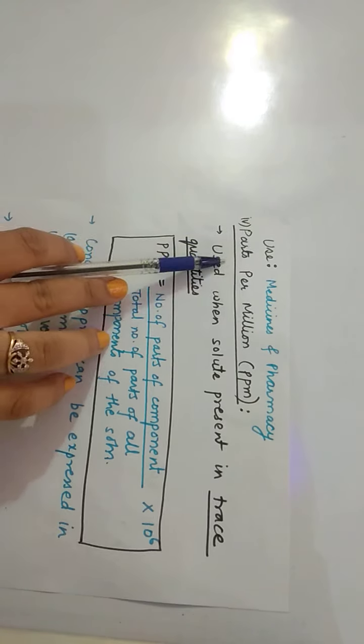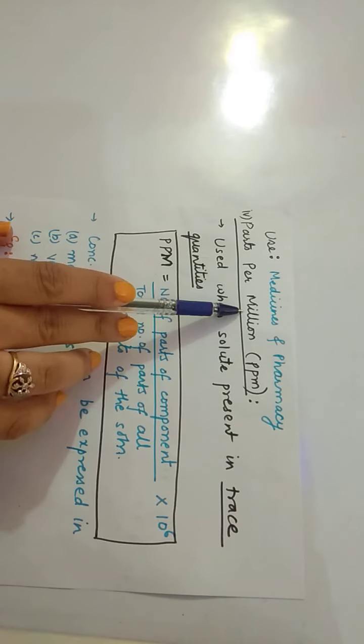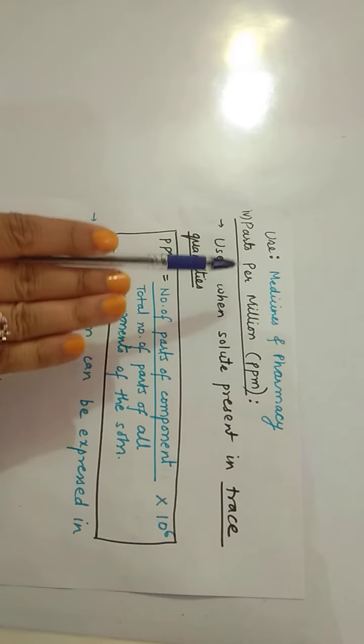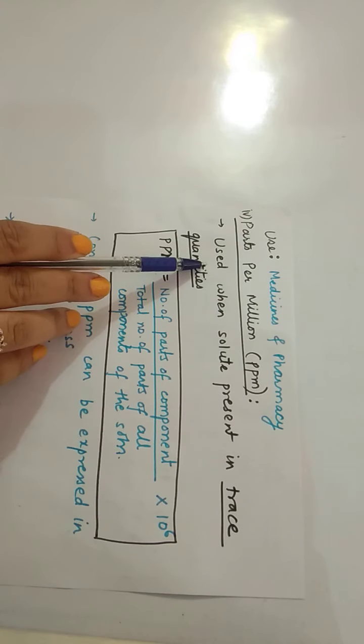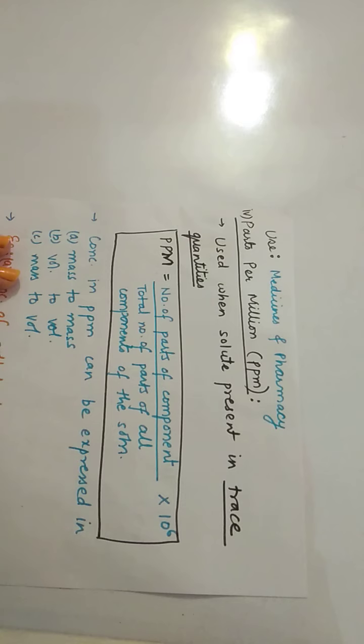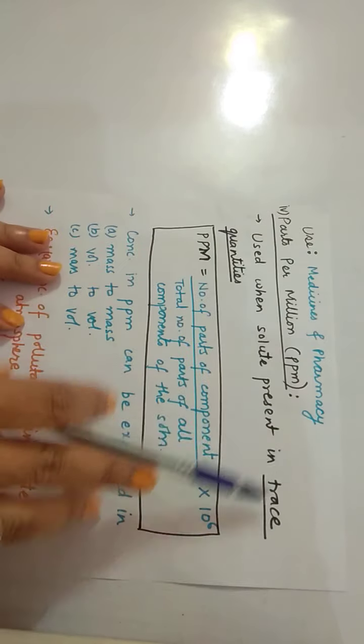Now the fourth part is parts per million, ppm. Parts per million is generally used when the solutes are present in trace quantity, in a very small amount.